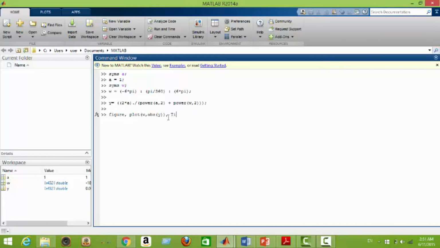Then we can set the title for our graph. Here we set the title of the graph as amplitude plot, and the label for the x-axis is frequency.